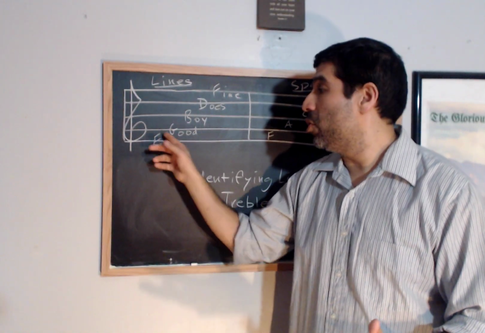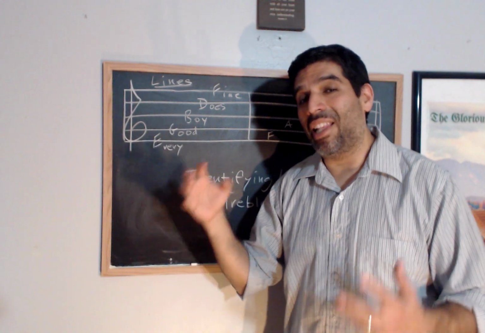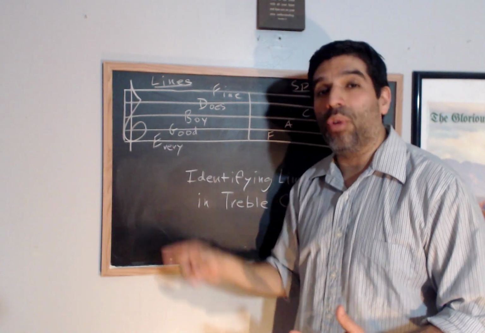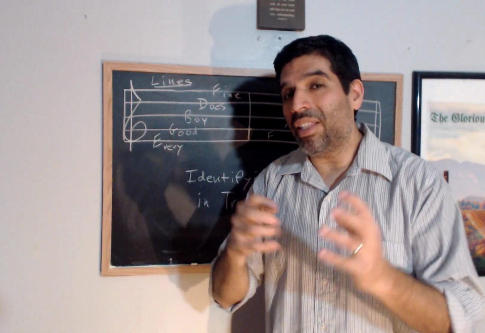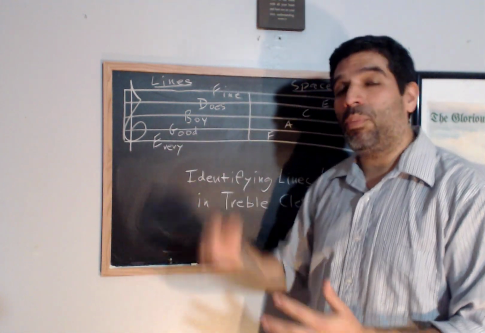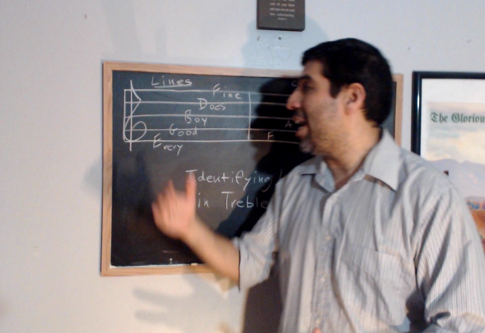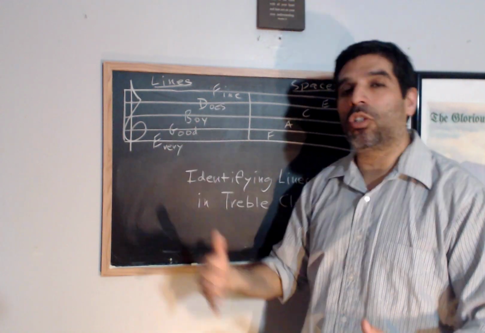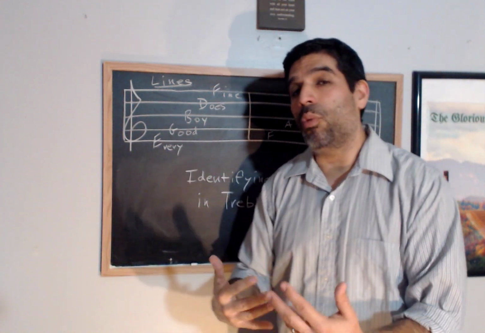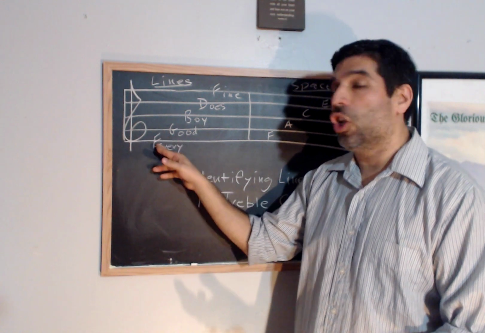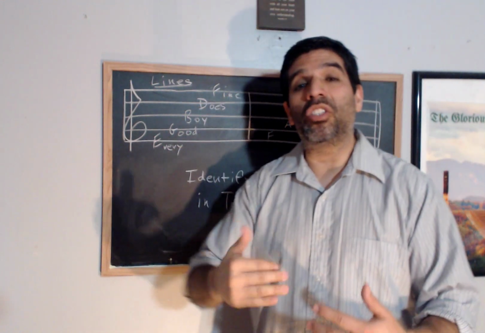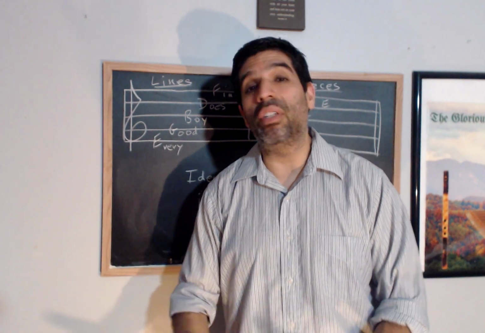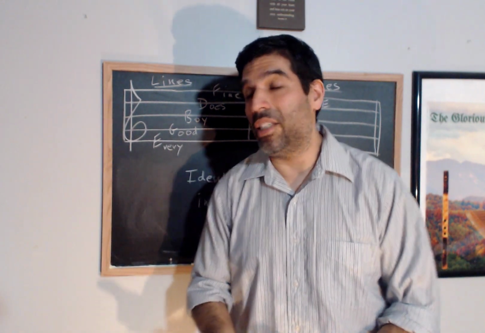But again, every line and space is a letter name, and as you go from the lowest to the highest, it goes up in pitch. It starts sounding low and sounds higher every time as we go up the staff.